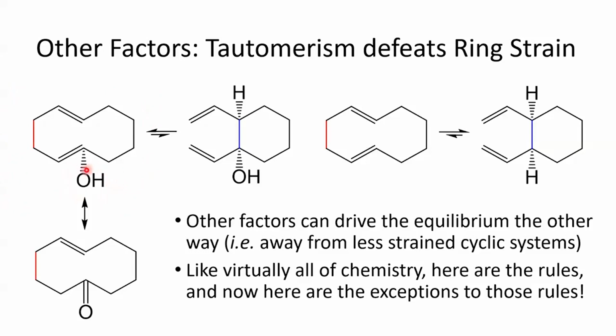However, the addition of this alcohol group adjacent to our double bond means that we've created a system that can undergo keto-enol tautomerism. So given the main source of the strain in our 10-membered ring system here is the 2 trans olefins, if one of our trans olefins can undergo keto-enol tautomerism, forming this species down here, a ketone, now the ring has alleviated its strain, pushing the equilibrium over to this side of the reaction.